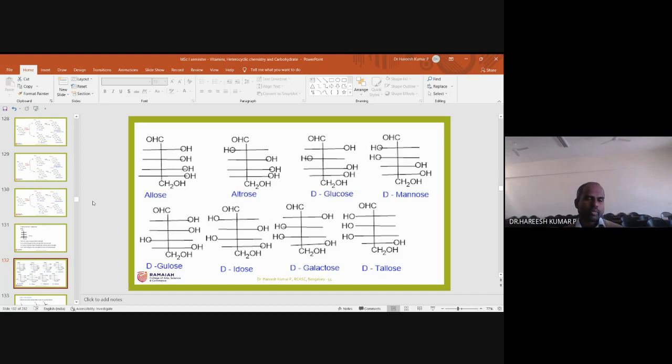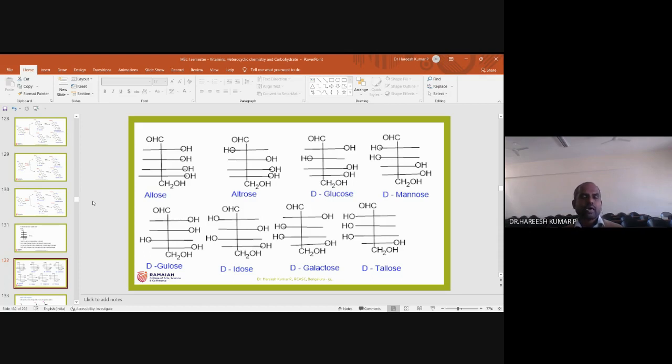Aldotrioses you have to remember. Aldotrioses only two components, D-glyceraldehyde and L-glyceraldehyde. Aldotetroses it's only two compounds, erythrose and threose. Erythrose means both the hydroxy groups are on the same side.